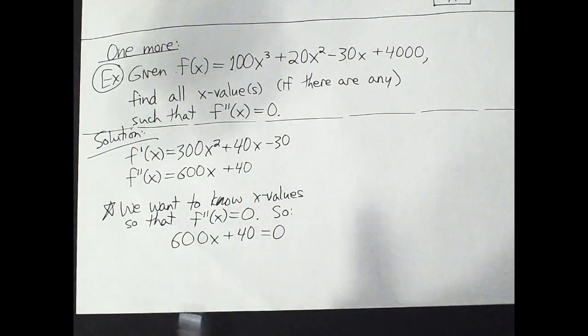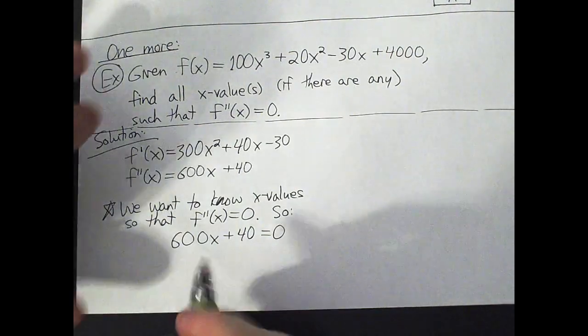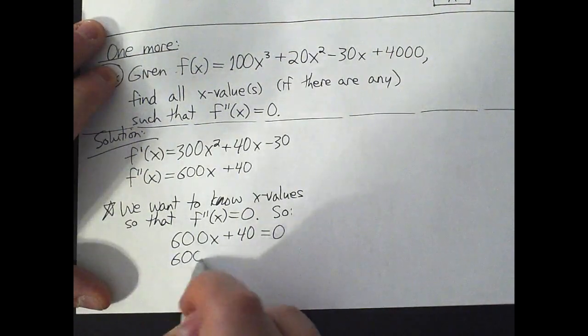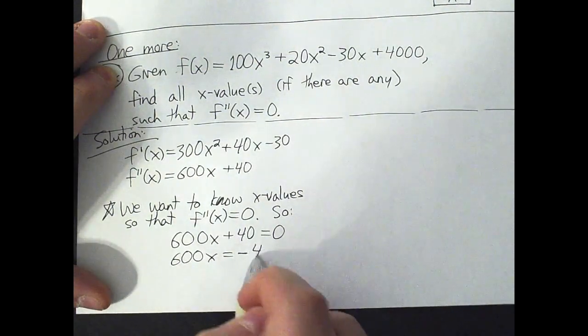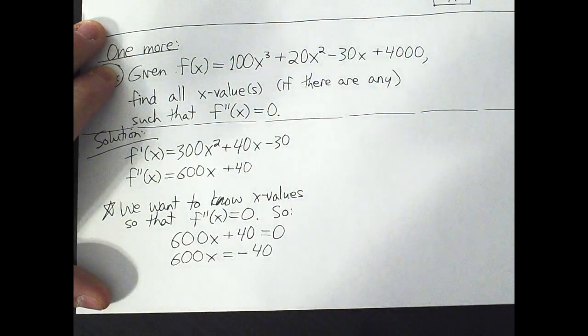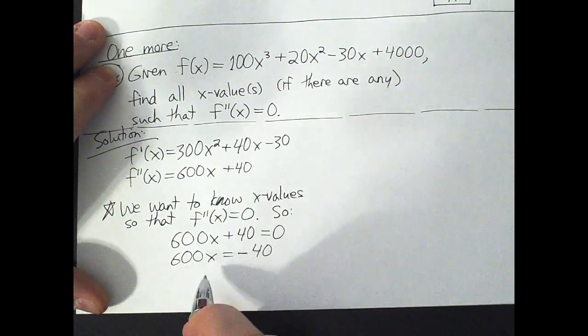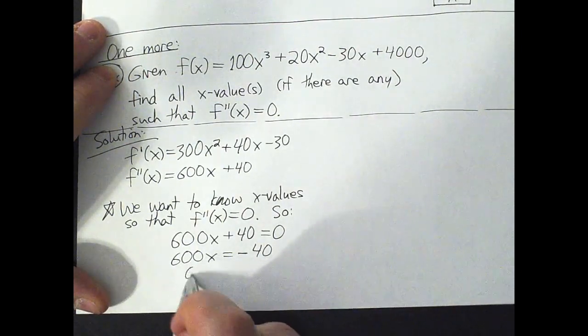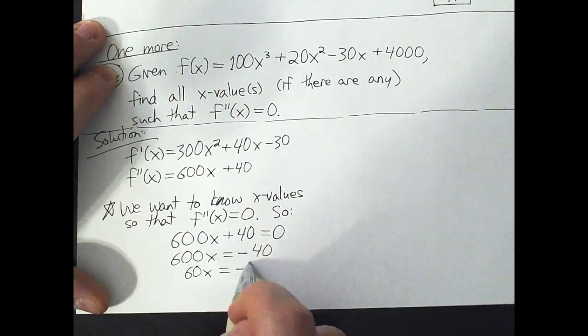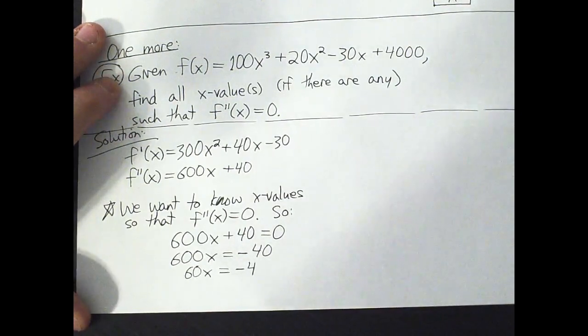This little equation, we're going to solve this little equation for x. This says 600x equals negative 40. Let's simplify it a little bit, right? Let's make it maybe like 60x equals negative 4. Just get rid of one of the zeros on each side.